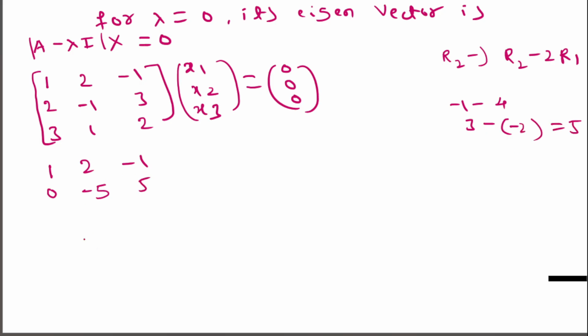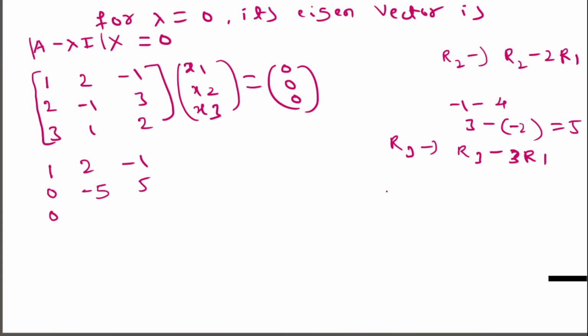Again, row R3 can be replaced as R3 minus 3R1, to make this as 0.